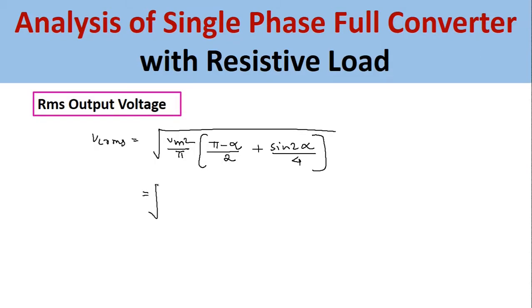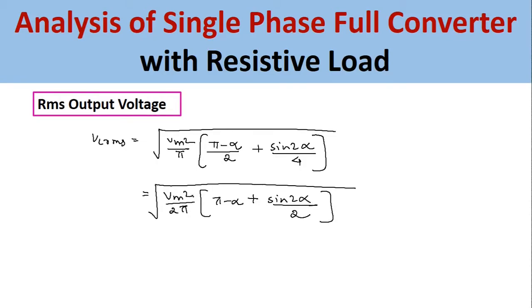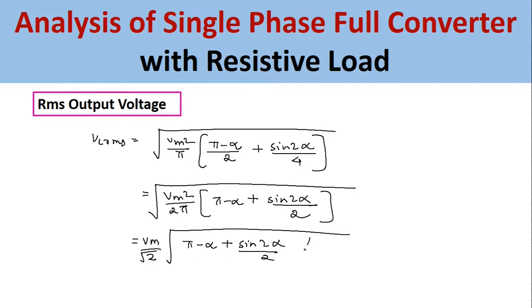So we will get under root Vm square upon 2 pi into pi minus alpha plus sin 2 alpha divided by 2. Now when we take out this Vm square upon 2 from this square root, we will get Vm upon root 2 into under root pi minus alpha plus sin 2 alpha divided by 2 whole divided by pi.